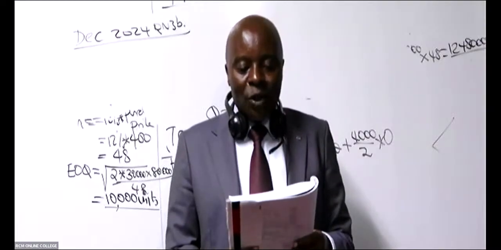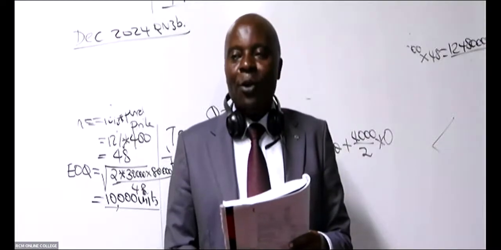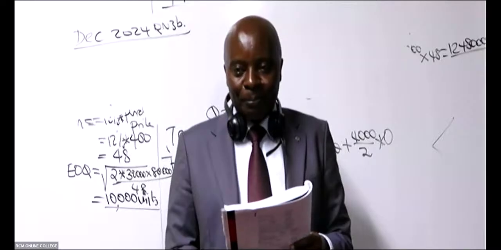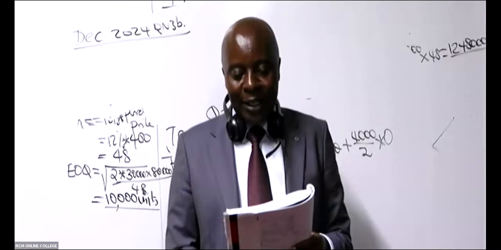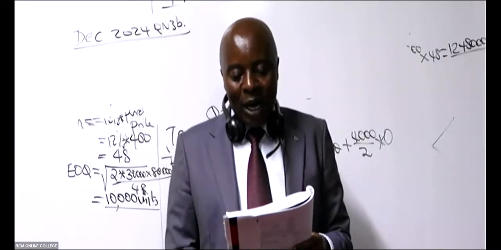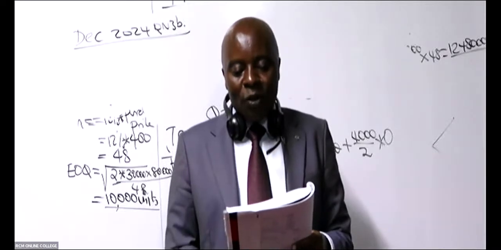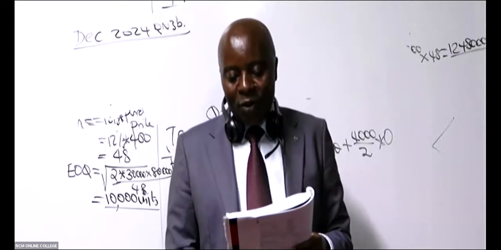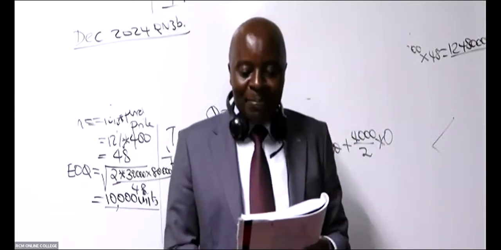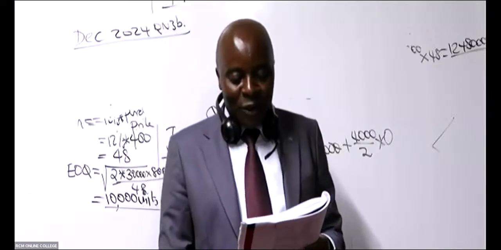Information regarding stocks is given below. Annual demand is how many units? 12,000. Purchase price is 15 per unit. Fixed cost per order is 200. The cost of holding an item in stock for a year is made up of the following percentages.